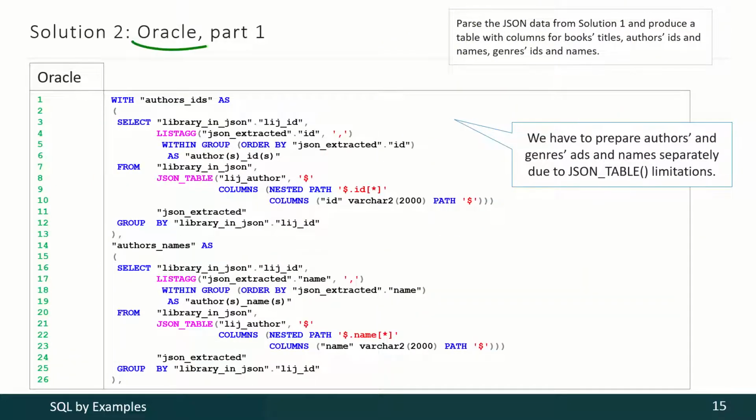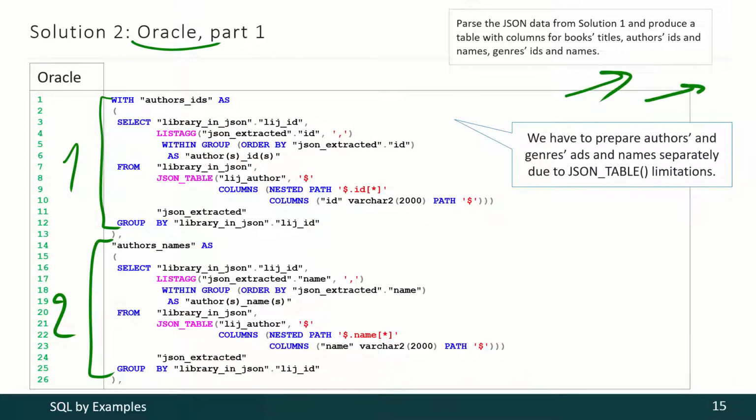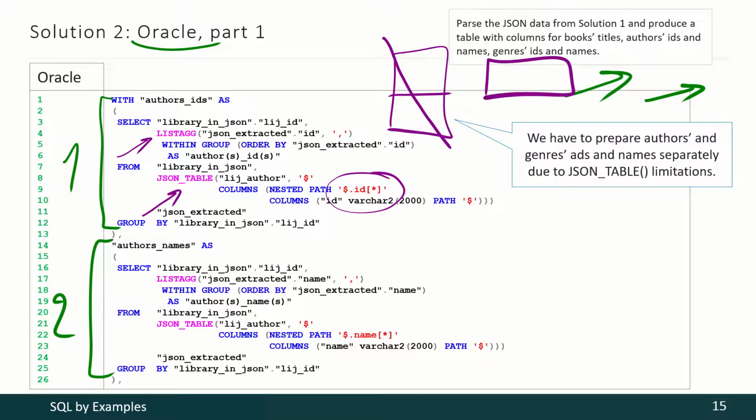In Oracle we shall follow the same basic approach, but here we shall need 4 common table expressions. Here is the first, here is the second, the third and the fourth will be seen on the next slide. Here we use JSON table function to extract information about authors' IDs and to present that information as a column. Then we use list agg function to transform that column into a single line.